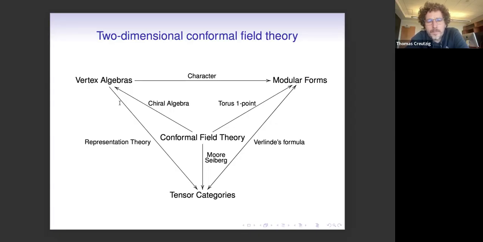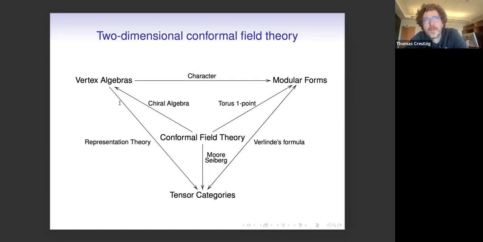And now one can think about connections. The Moore-Seiberg equations in particular imply that if you move a field in a certain prescribed way around the A cycle of a torus, then the corresponding character changes by its modular S transformation.